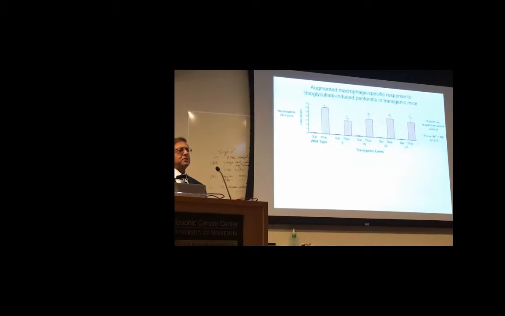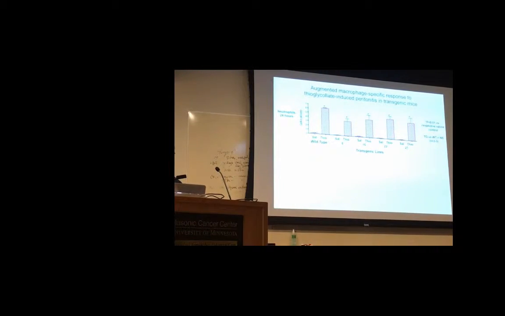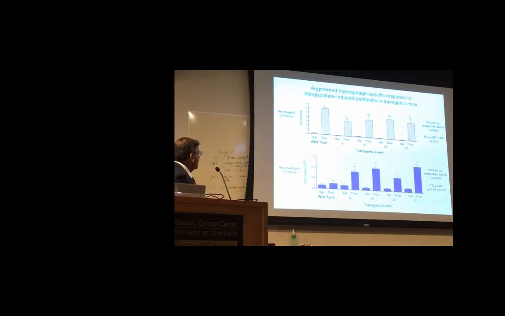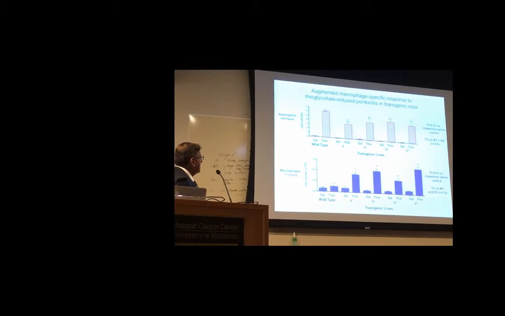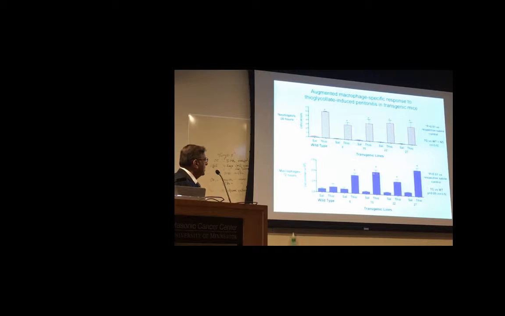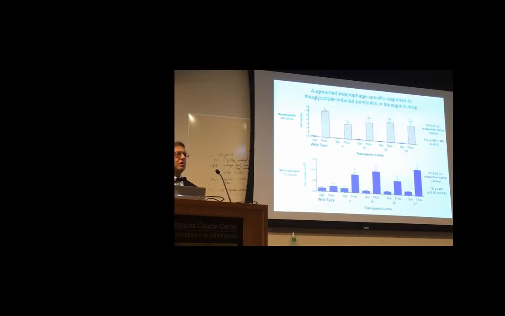So the neutrophil response was exactly the same in wild type and transgenic animals. When we looked earlier than 5 days, at 3 days, the wild type animals had not even started to respond with the macrophage response. And each one of the transgenic lines had a robust macrophage response to the peritonitis.